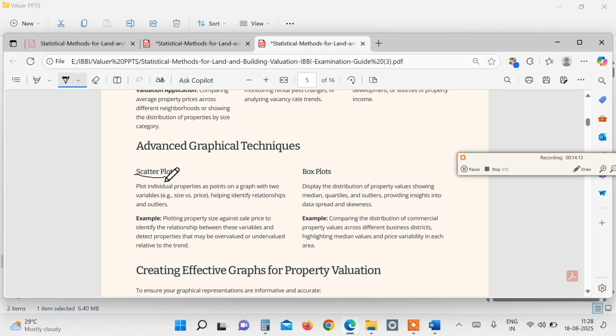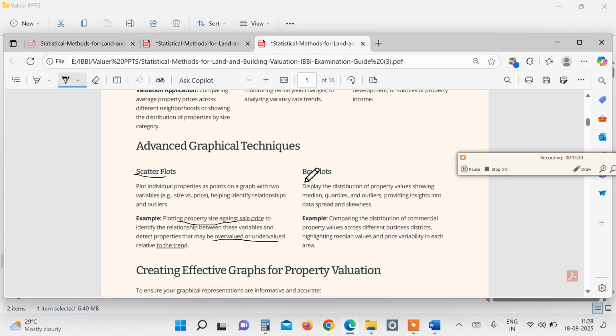For example, you plot property size against sale price to identify the relationship between these variables and detect the properties that may be overvalued or undervalued relative to the trend.